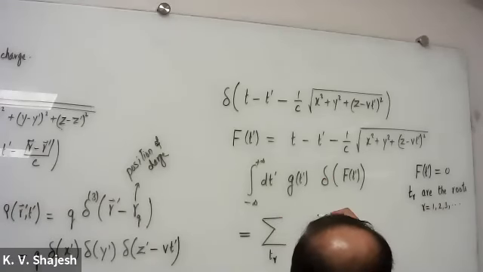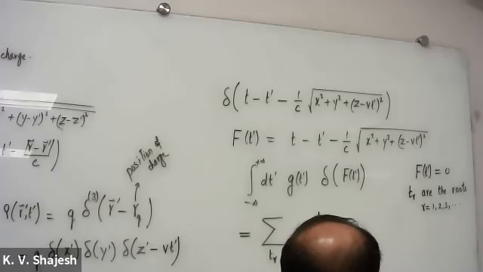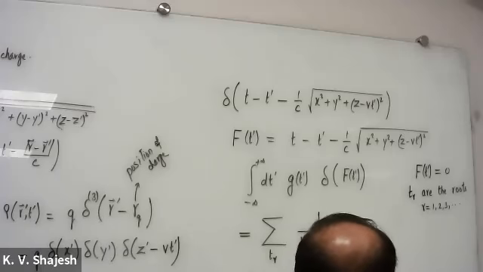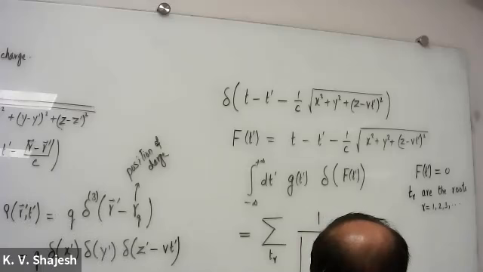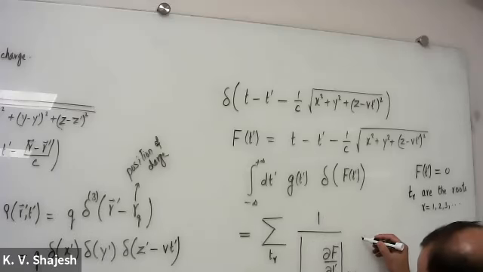And there is 1 over the magnitude of the partial derivative of the function f with respect to t prime, evaluated at t prime equal to t_r. But then you have to take the magnitude of that.